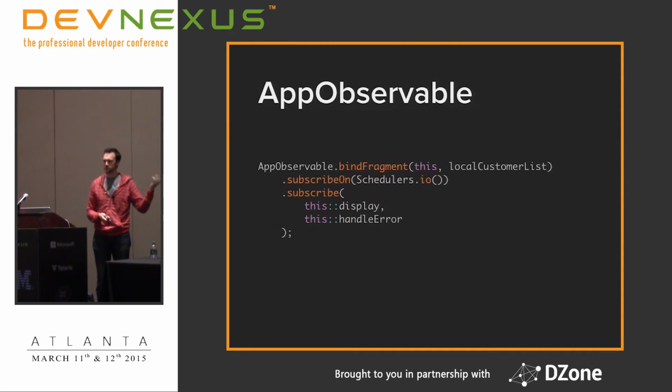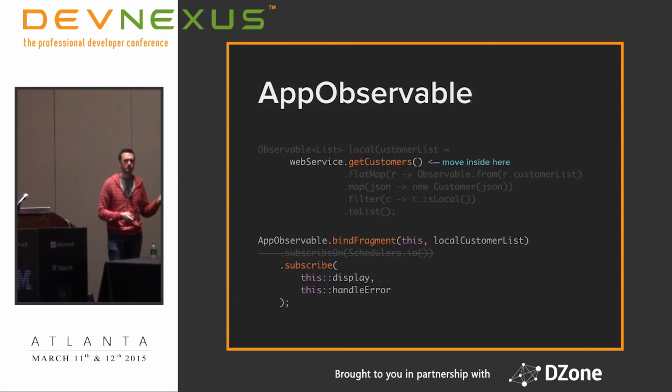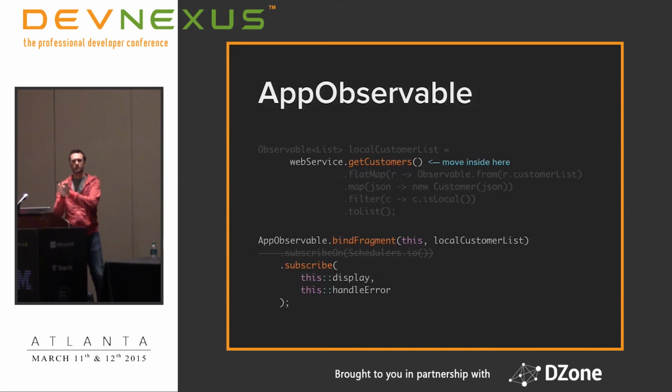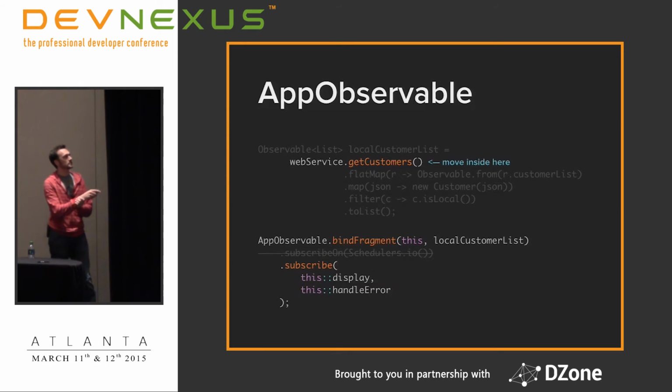So you end up with just telling what the subscribe on is going to be, but really you're probably going to want to move that information into the thing that's intensive. Earlier I mentioned there's this web service get customers call. Imagine its implementation is making a web service call, parsing the input stream into some JSON string, and then calling on next.